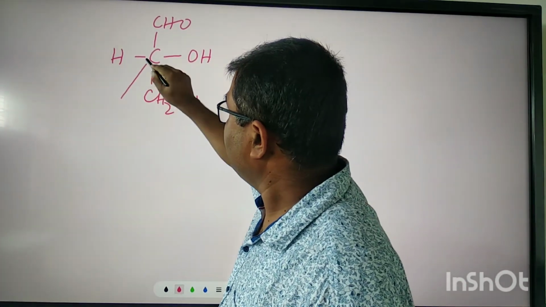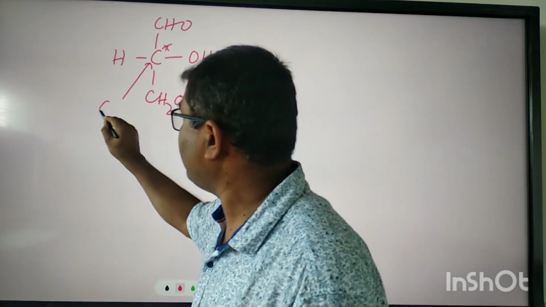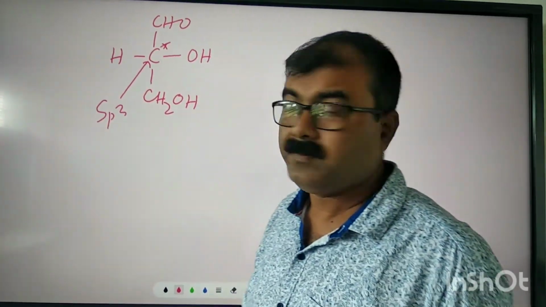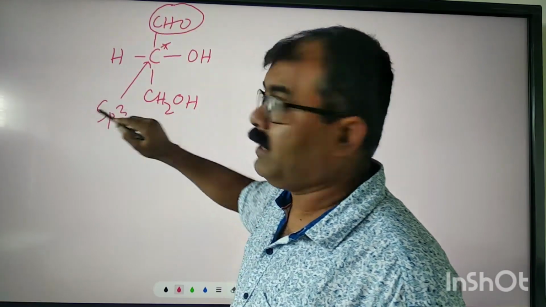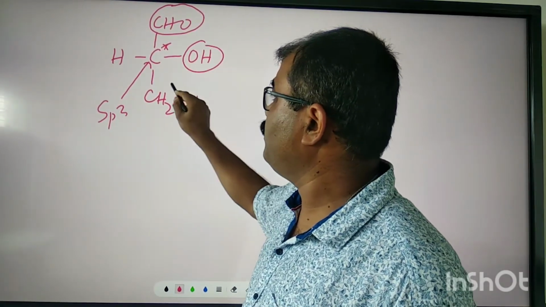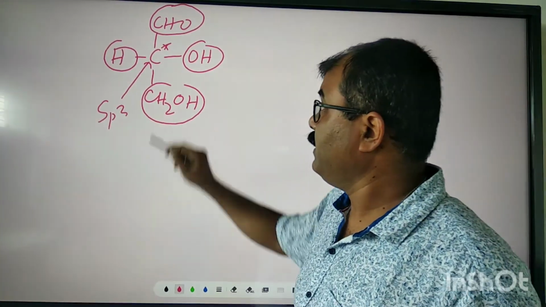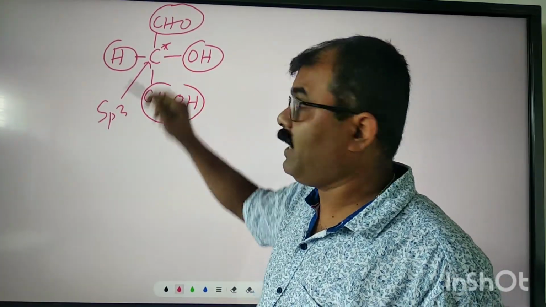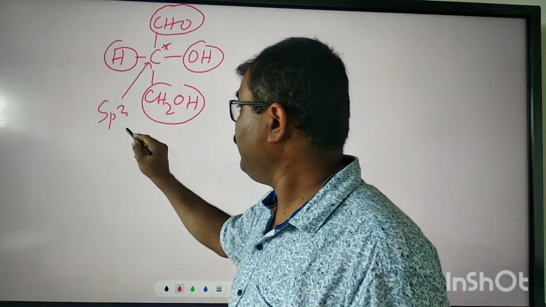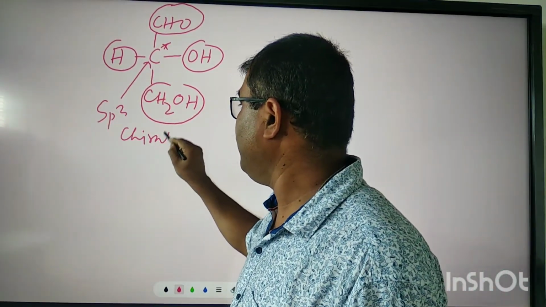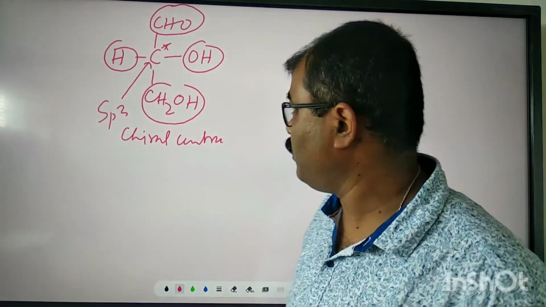Yes. See this carbon. This carbon is sp3 hybridized. There are 4 different groups: aldehyde group, OH group, CH2OH group, and H. There are 4 different groups attached to this sp3 hybridized carbon. So there is no doubt this is a chiral center.